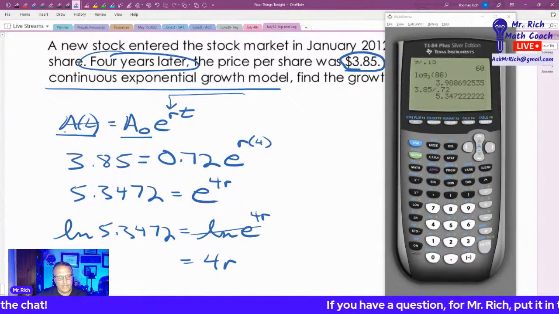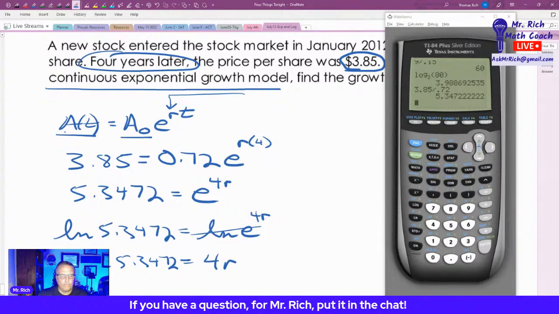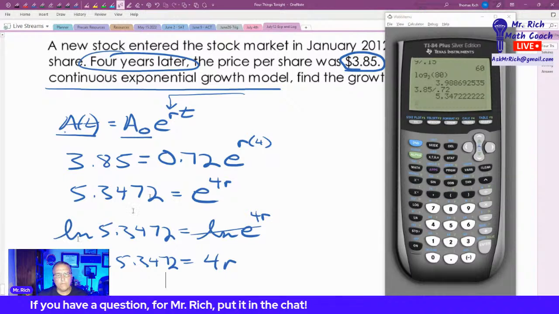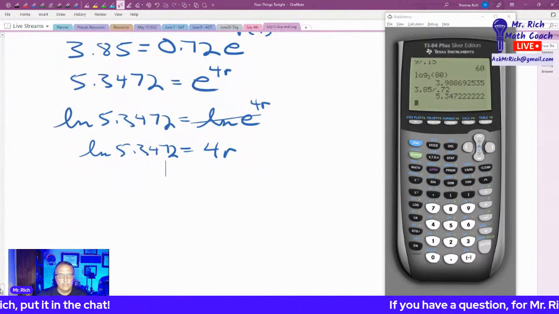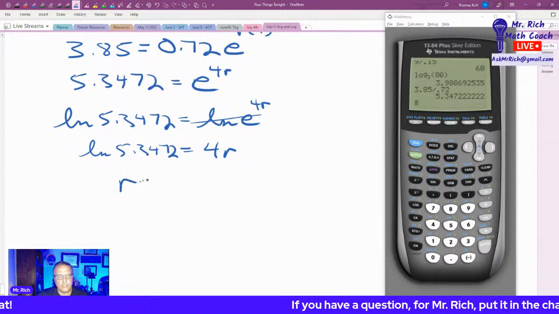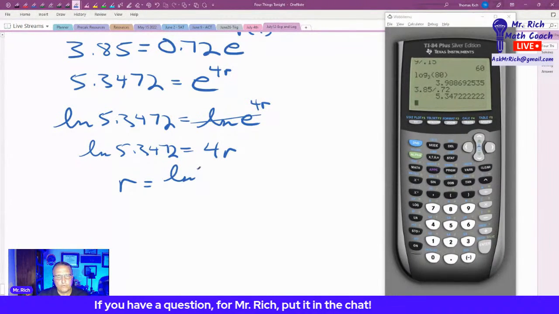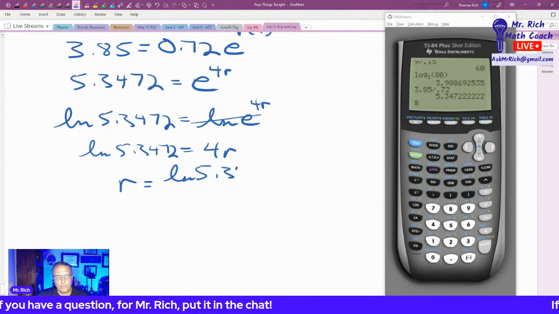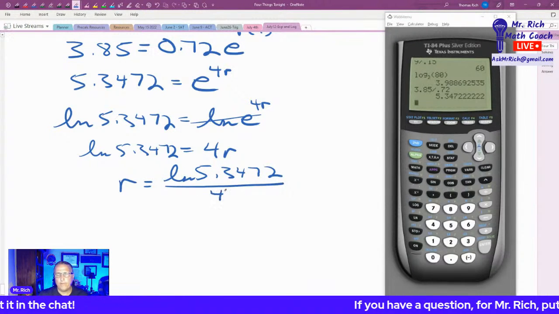And that's the natural log of 5.3472. And so our rate, if we assume that this growth in the stock price was exponential and fit a continuous exponential growth model, would be the natural log of 5.3472 divided by 4.